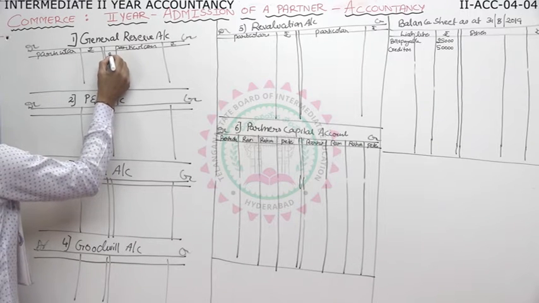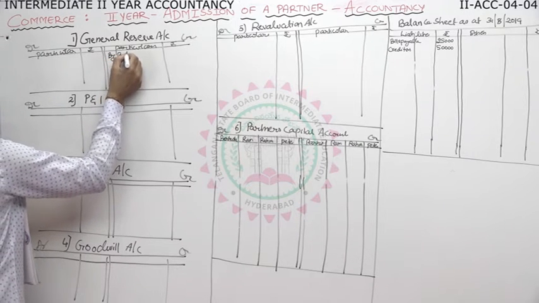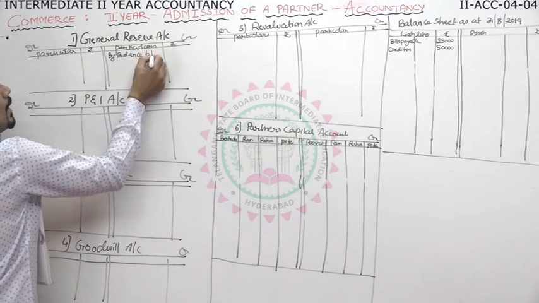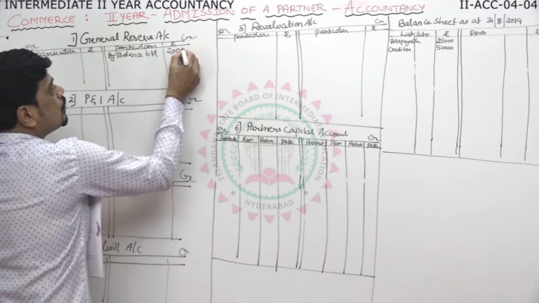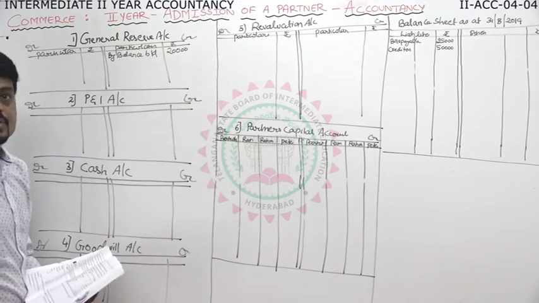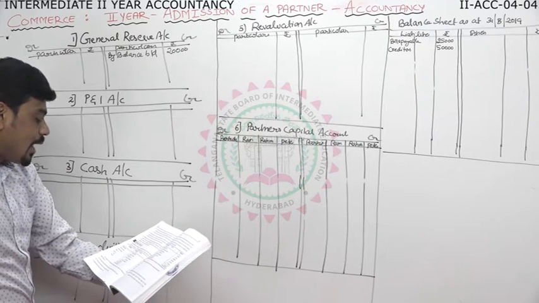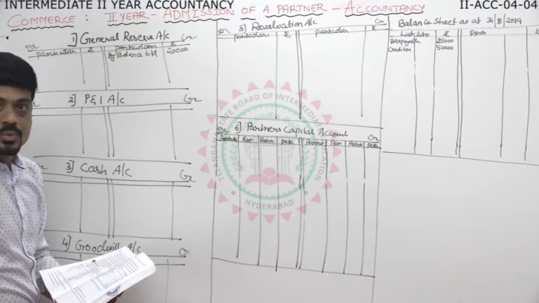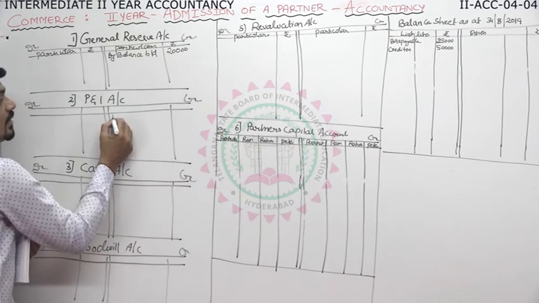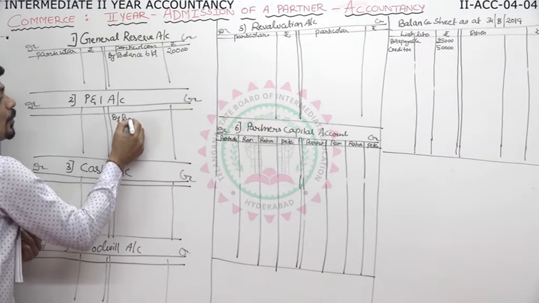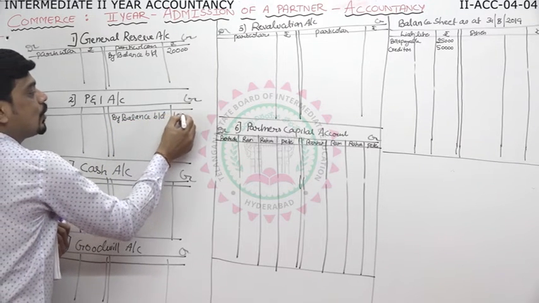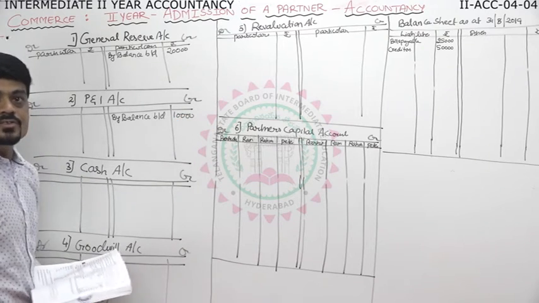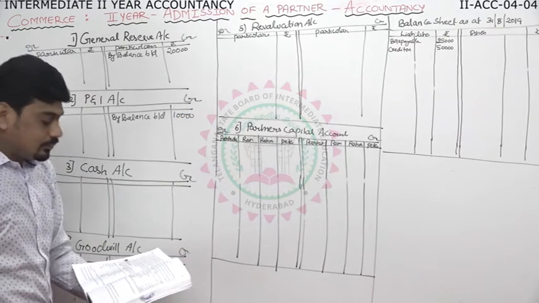So, we'll come to the general reserve account, credit side, by balance brought down, and the amount is 20,000. Similarly, the profit and loss account is also an accumulated profit. So again, it will show a credit balance. So I wrote on the credit side, by balance brought down 10,000.